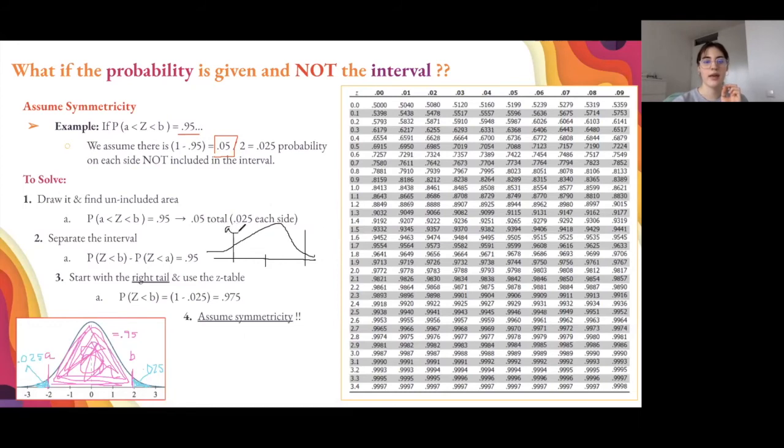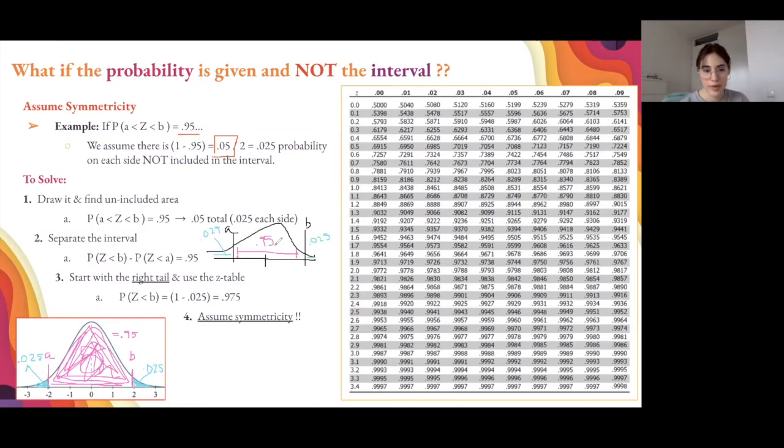Remember that the probability on the inside is this pink area. Anything underneath the curve between A and B is equal to 0.95. And on both sides, like I had drawn in light blue, one is equal to 0.025, and so is the other one, 0.025 and 0.025.